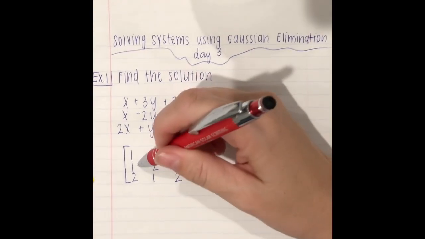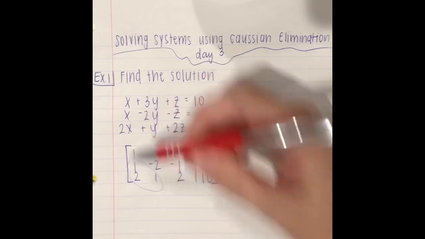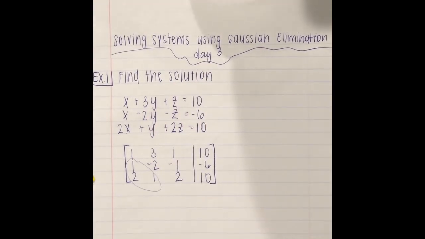Right, so what we're aiming to do is get these bottom 3 terms to all be zeros. Then after we do that, we're able to solve using substitution.